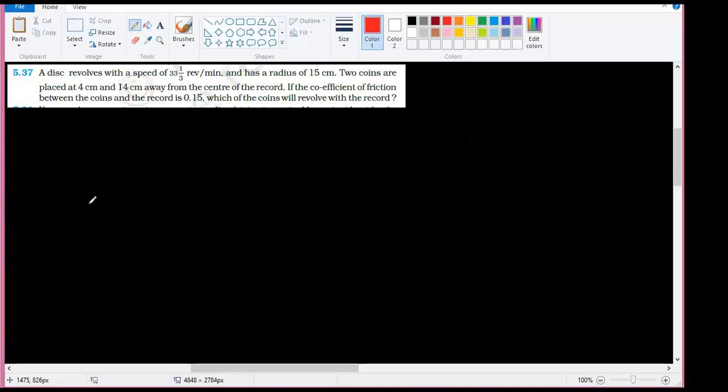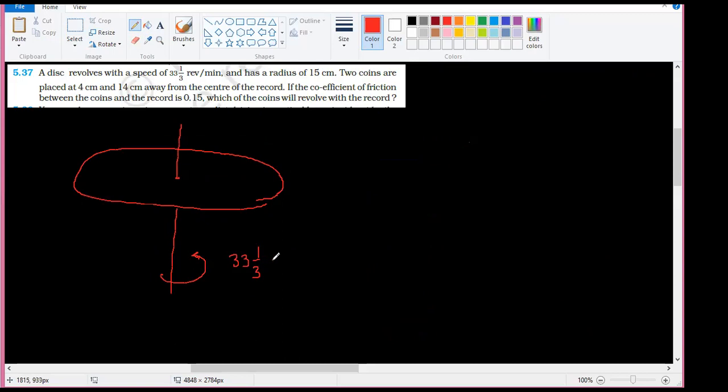A disk revolves with the speed of 33 1/3. So let's say that's a disk. It is revolving with 33 revolutions per minute and has a radius of 15 centimeters.